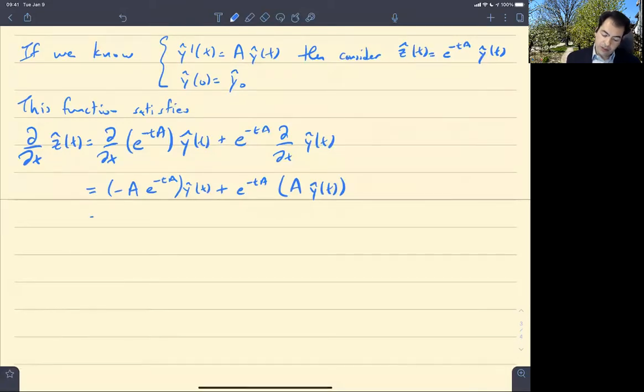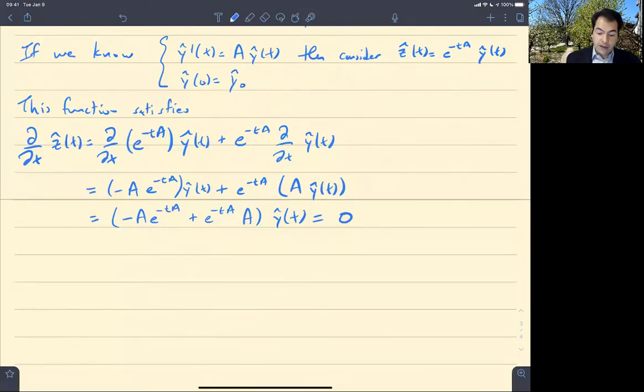And so we see that this is equal to minus A e to the minus ta plus e to the minus ta times A, all of that times y hat of t. And by what we just talked about, this is the same as this. So we get 0.